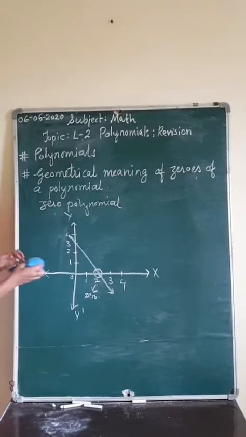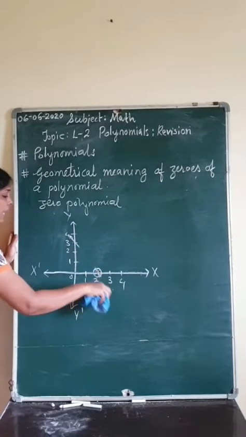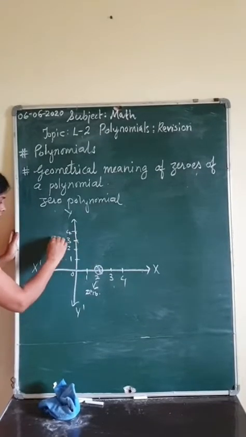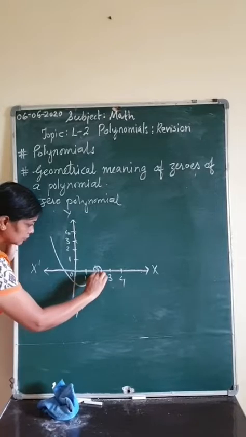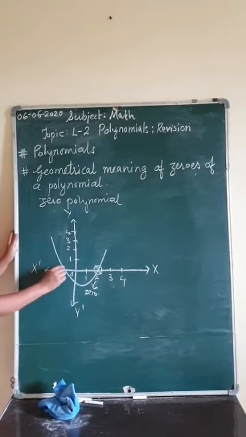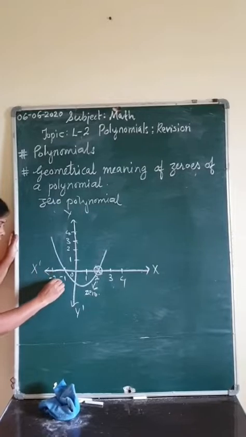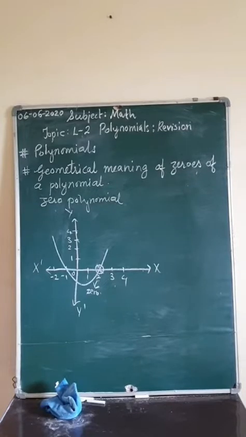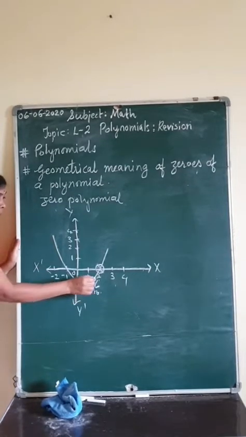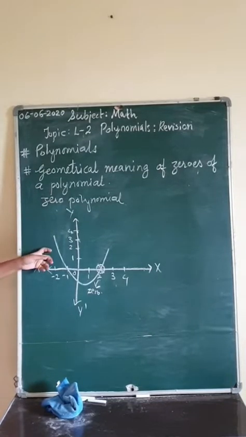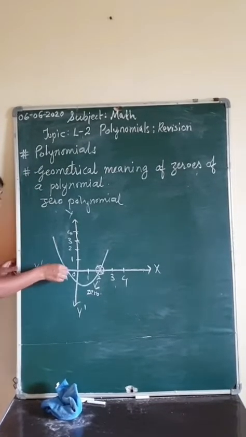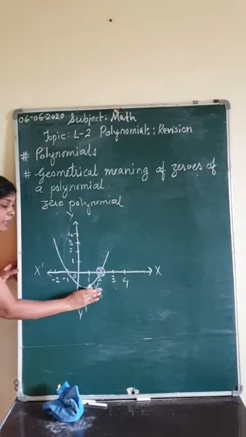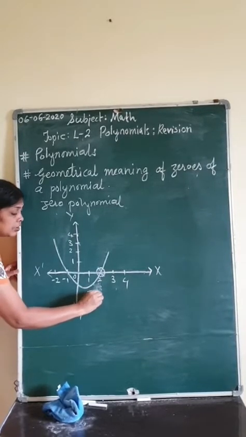We have also seen that if we have a polynomial representing this graph, then we can see through this graphical representation how many zeros this polynomial has. So this is cutting the x-axis at 2 points. So how many zeros does this polynomial have? It has 2 zeros.